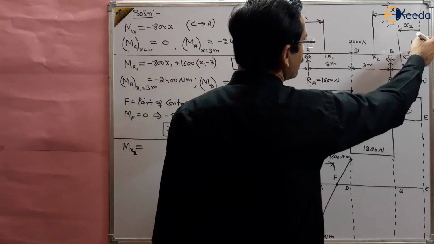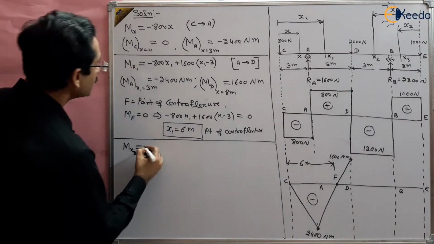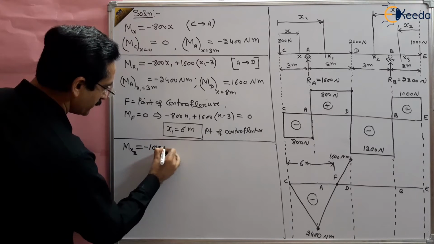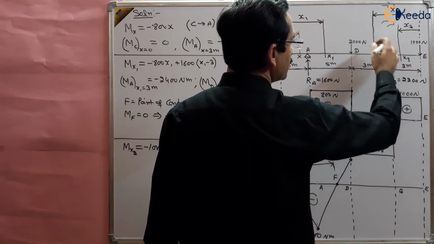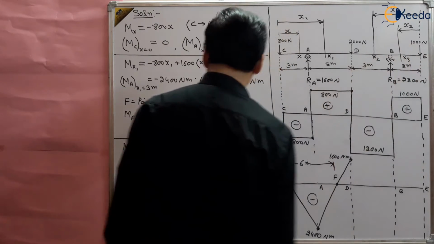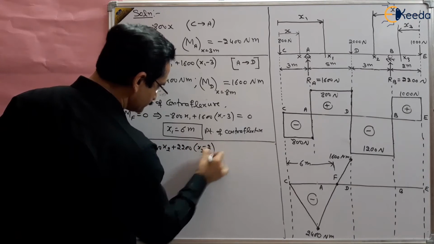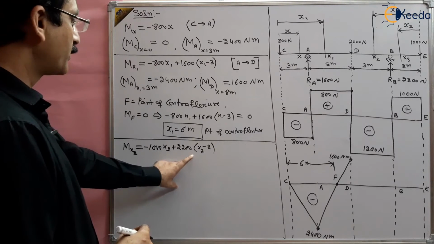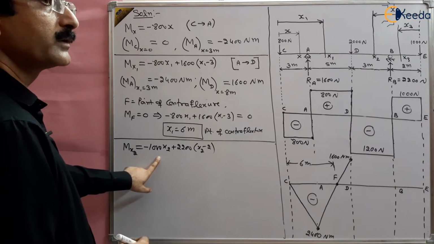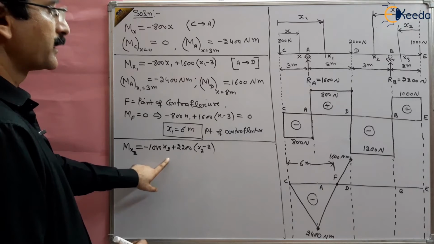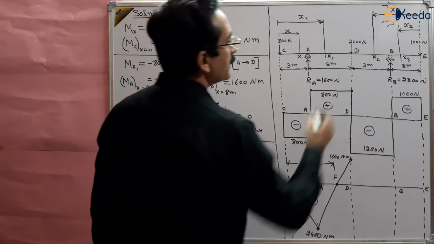The moment of 1000 is 1000 multiplied by x2, and this is negative, so minus 1000 x2. The moment of 2200 is positive, 2200 (x2 minus 2). So Mx2 equals 2200 (x2 minus 2) minus 1000 x2, and this is valid between B and D, right?